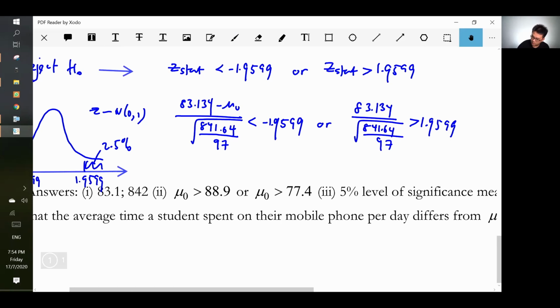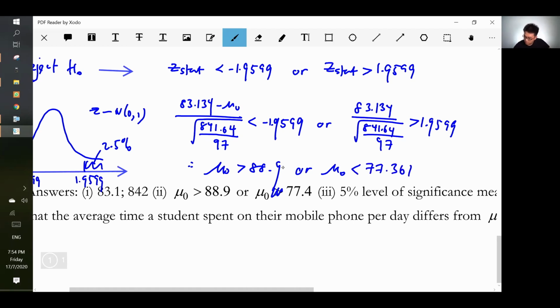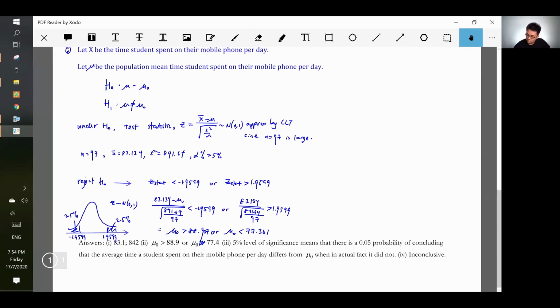So in this case here, hence bigger than 88.9 or less than 77.361. Okay, there you go.